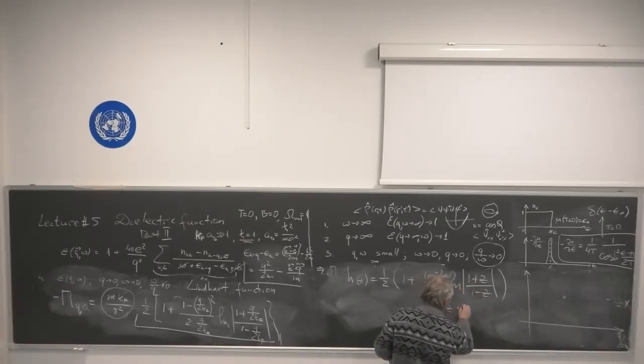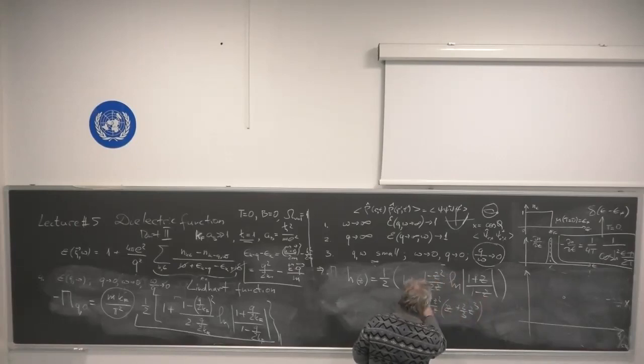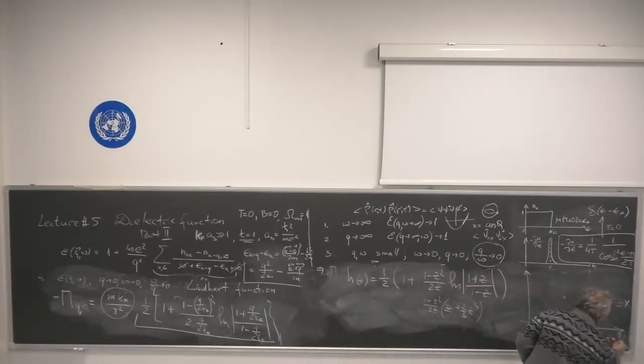It's 2z plus 2/3 z cubed. All even terms cancel out, all odd terms collect. So you see that I take 2z in front. h at z goes to 0. This is z. Goes to 1.